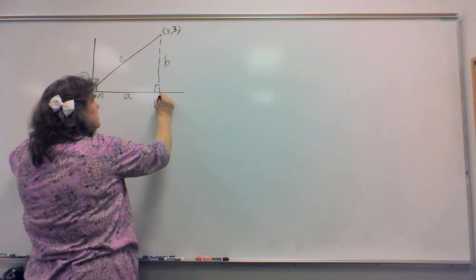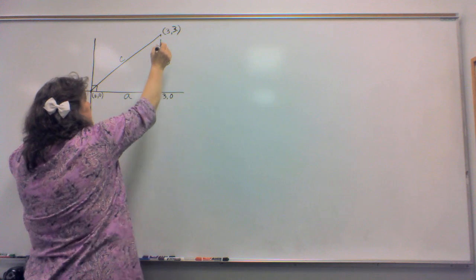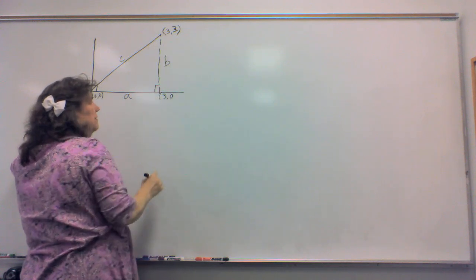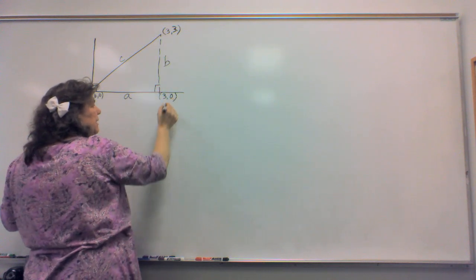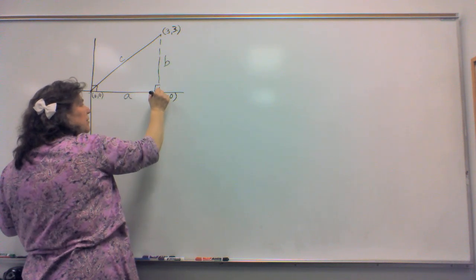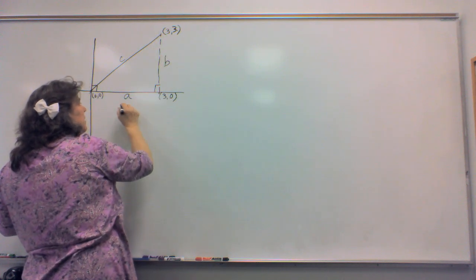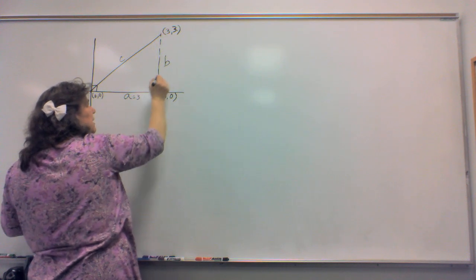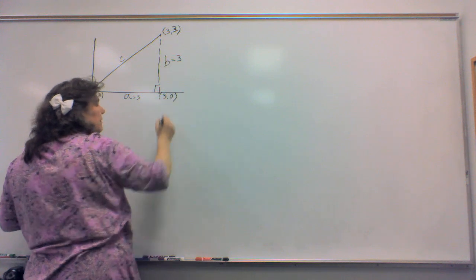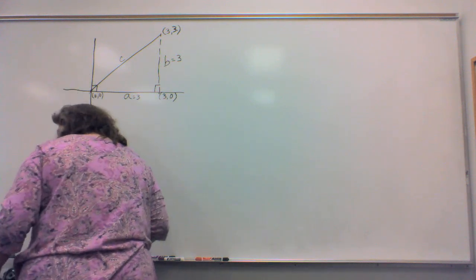Well, this point here would be 3, 0, and this point up here is 3, 3. The distance from here to here is 3. The distance from here to here is 3. So A is equal to 3, and B is equal to 3. You can see that if you were to actually draw the lines.